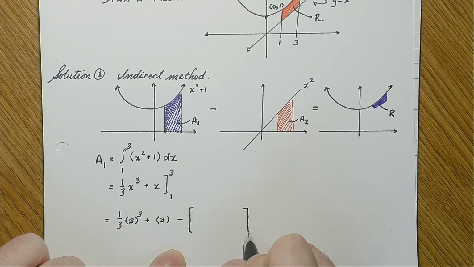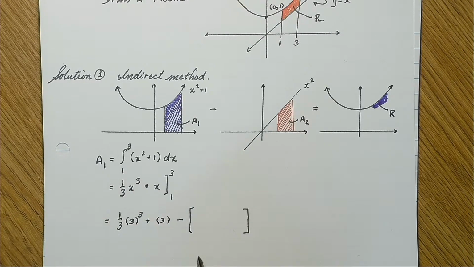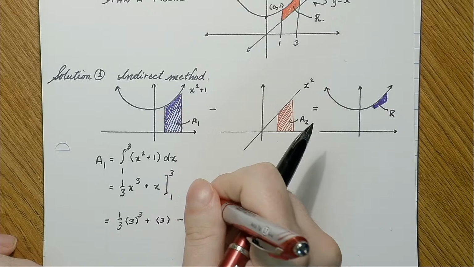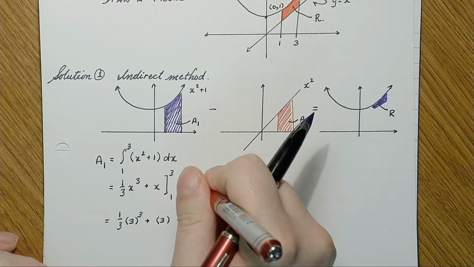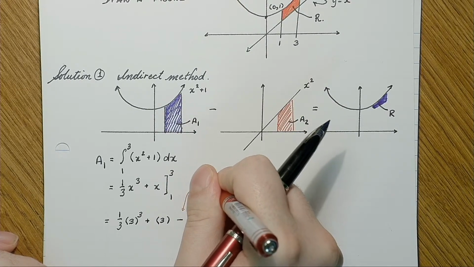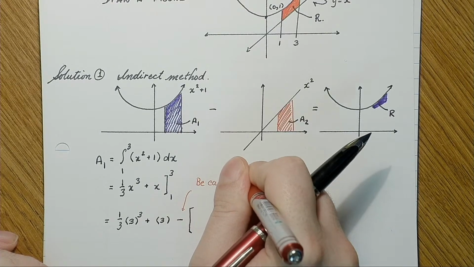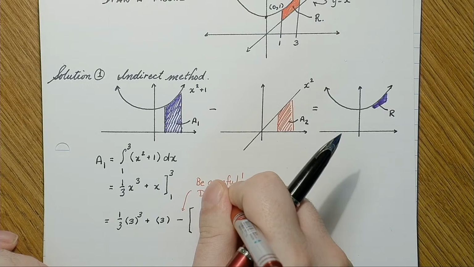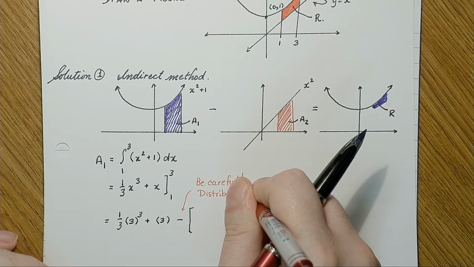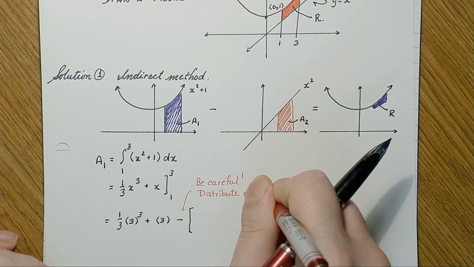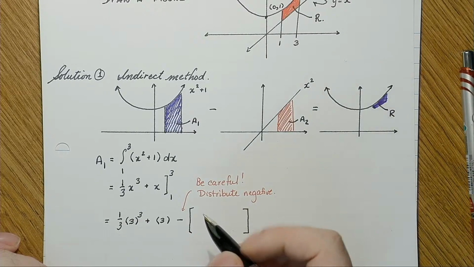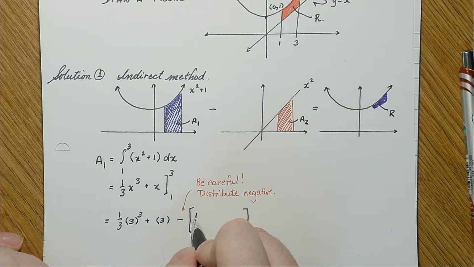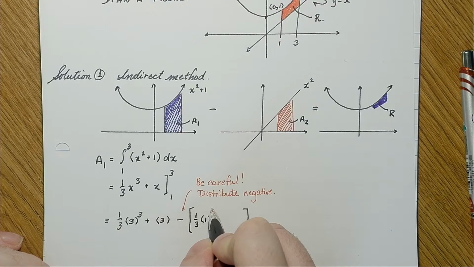And it needs to distribute over that function at 1. You need to distribute that negative. So 1/3 at 1 cubed plus 1.